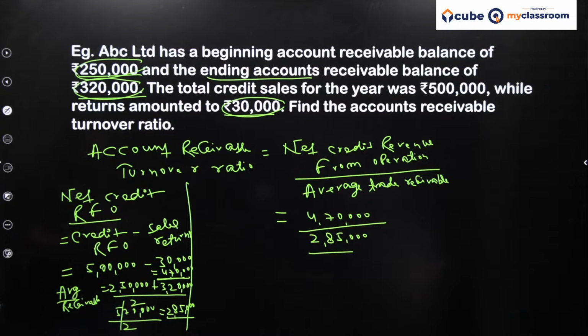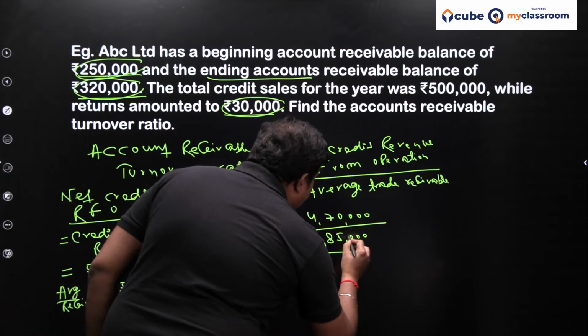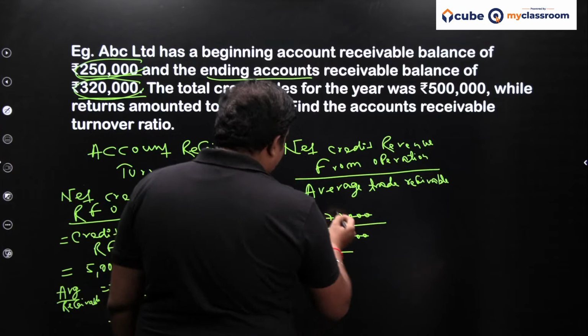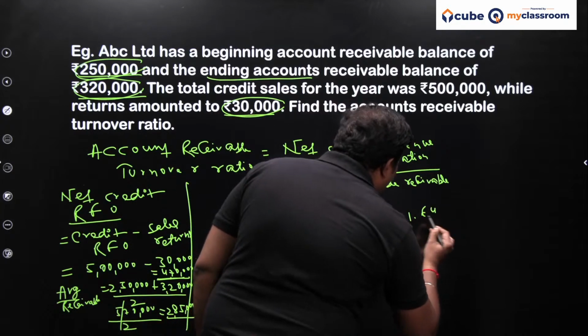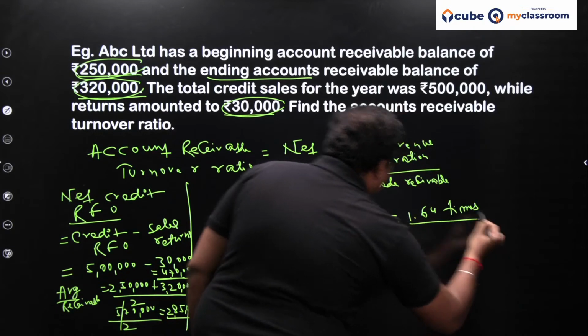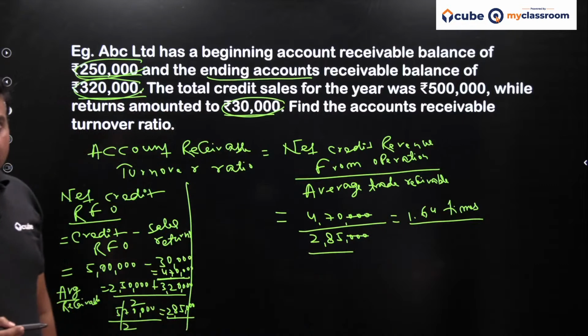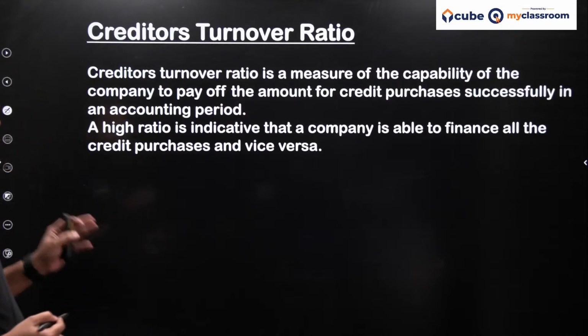So your answer is 1.64 times. I have used the calculator for the same. So 4,70,000 upon 285 should be 1.64 times.